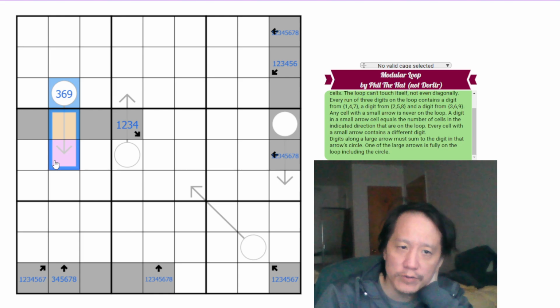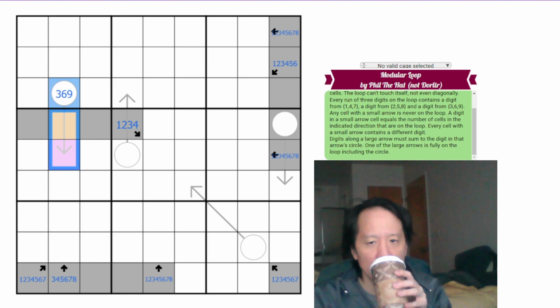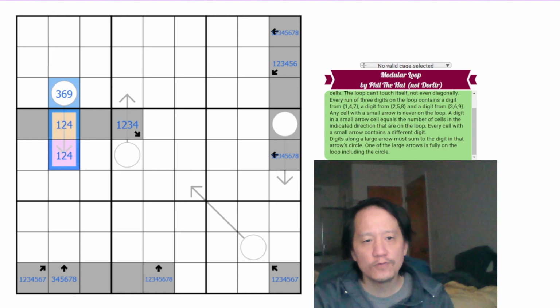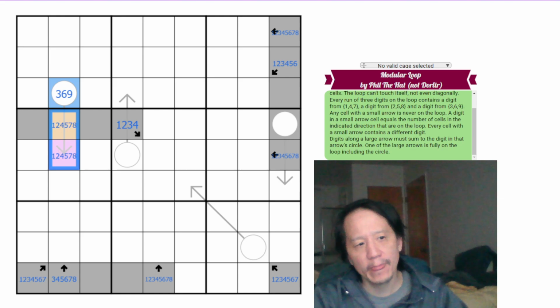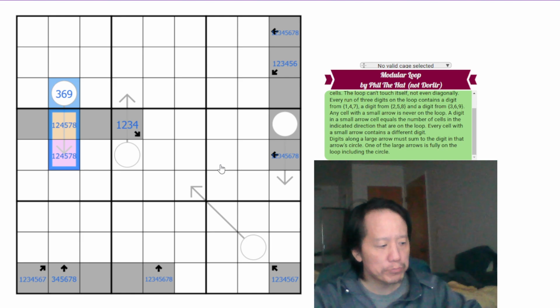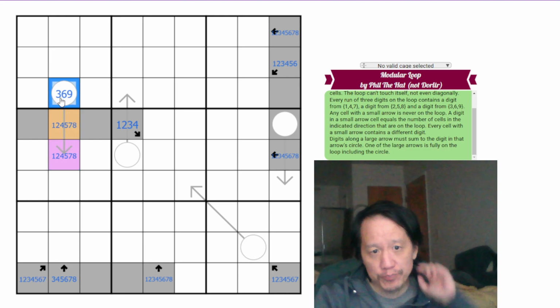But these we don't know, right? So whichever direction this goes, this is 369. This has to be 1, 2, 4, 5, 7, or 8. So these are valid on the loop.